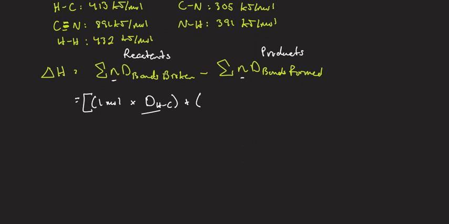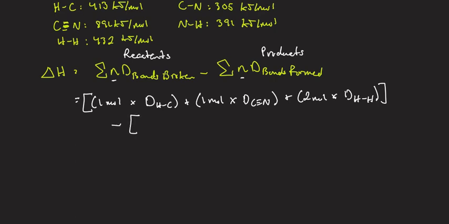We have 1 mole of a carbon triple bonded to a nitrogen, and 2 moles of your hydrogen bonds. And that concludes your reactants. Square brackets around that.